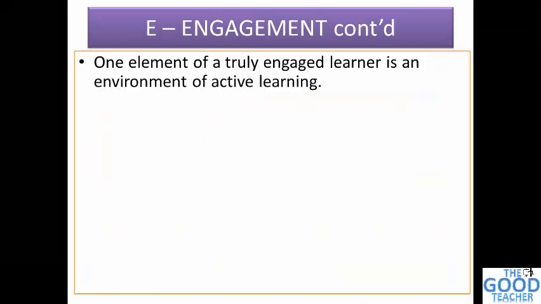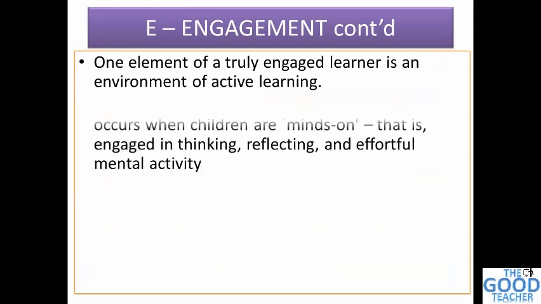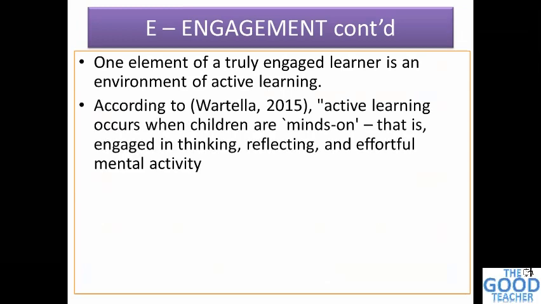And then also, if there is proper engagement, one element of a truly engaged learner is an environment of active learning, as I said earlier on. And then according to Watala 2015, active learning occurs when children are minds-on, that is, engaged in thinking, reflecting, and a thoughtful mental activity.